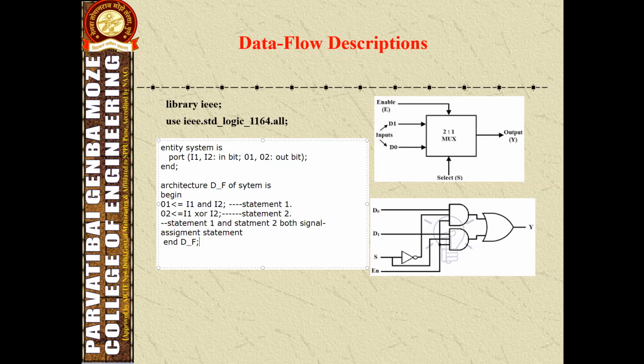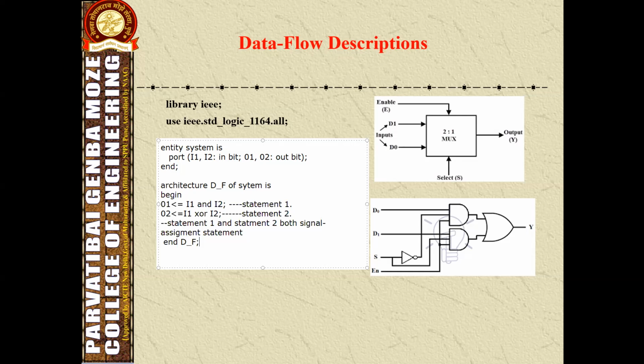After that we begin to construct the architecture using data flow with the predefined word begin. After writing begin, we assign the operators, that is, how the output will be performed from the input signals.